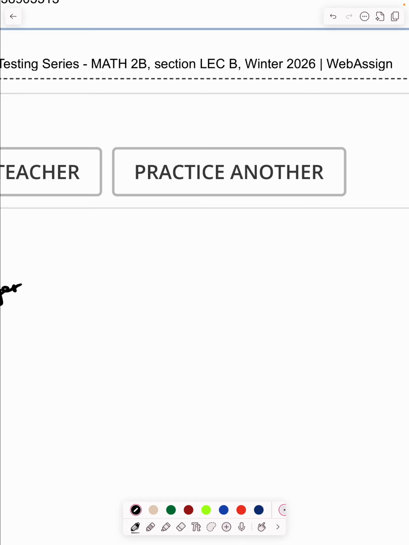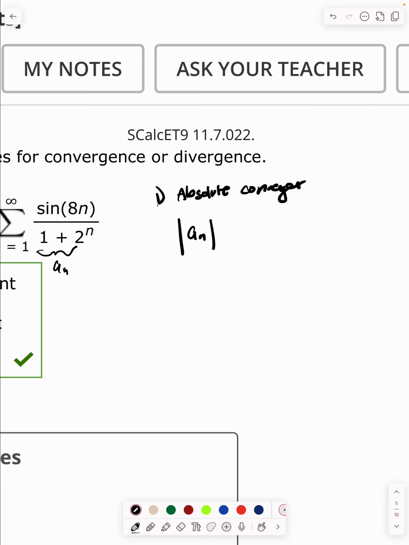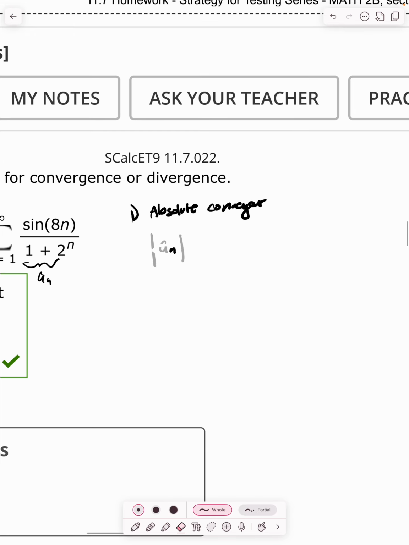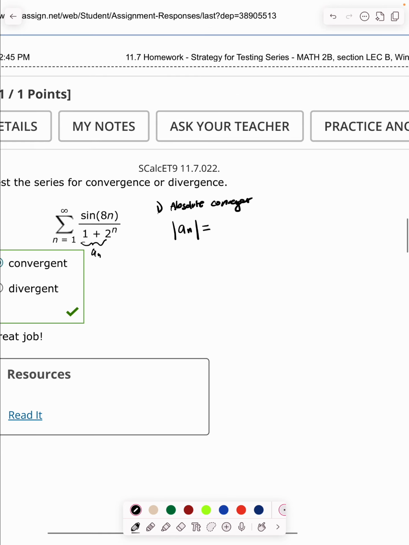And so absolute convergence is only helpful sometimes. And the main reason I wanted to use it is because of this 2 to the power of n. So let's do absolute convergence. I'm going to take the absolute value of a_n. So I take the absolute value of sine of n over 1 plus 2 to the power of n.